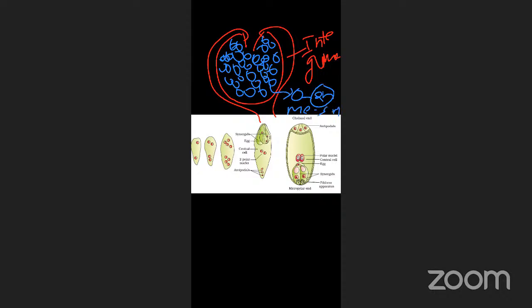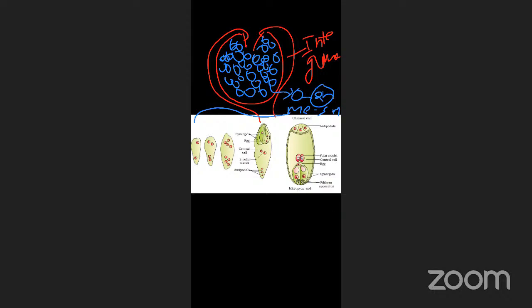Like the microspore mother cell, here also megaspore mother cells are formed inside the nucellar cells, inside the ovule integument. After megaspore mother cell formation, meiosis division takes place in the megaspore mother cell.